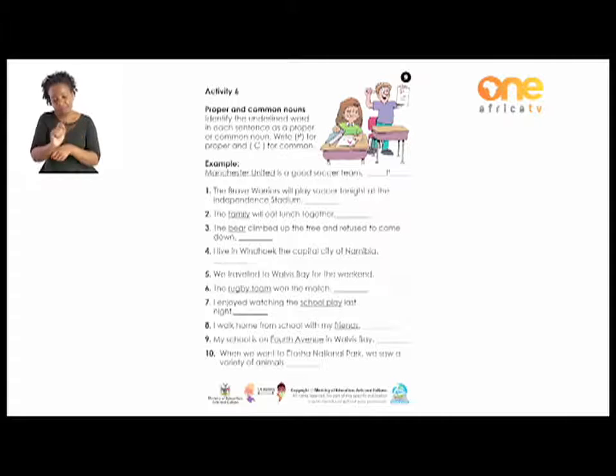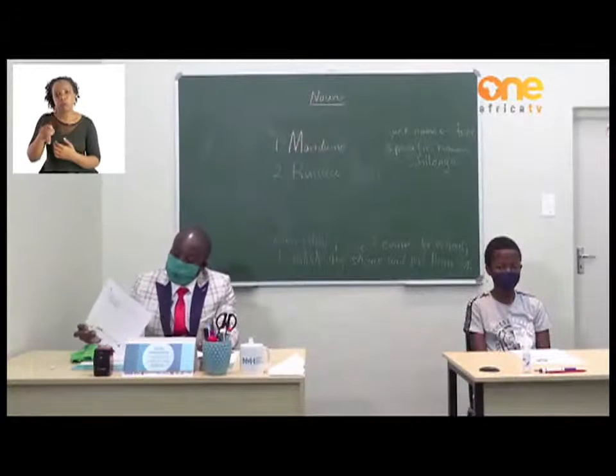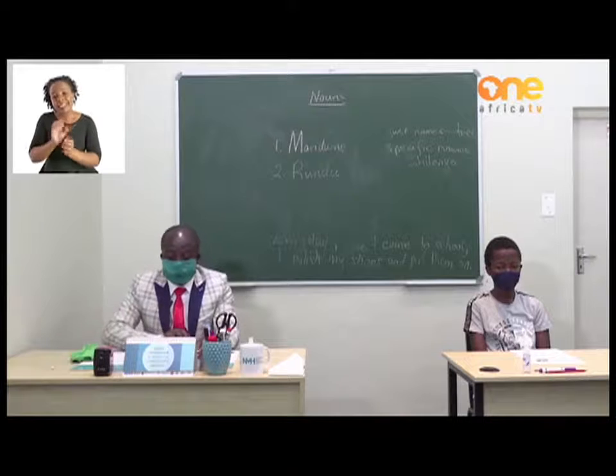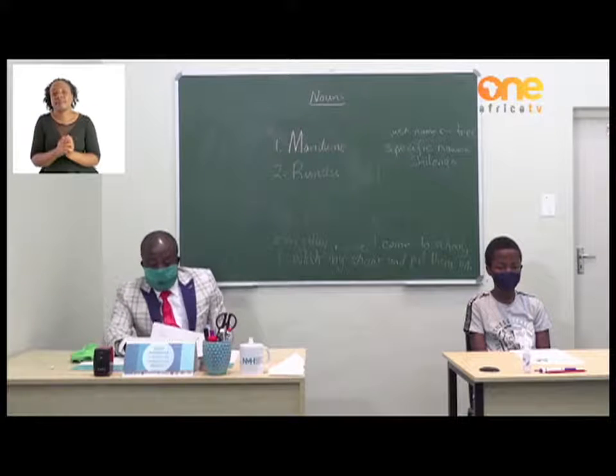So on the space provided, we write a C for common noun. So you can do the rest from number 3 up to number 10, showing us whether it's a common or a proper noun. Make sure you ask if you do not understand. Right.